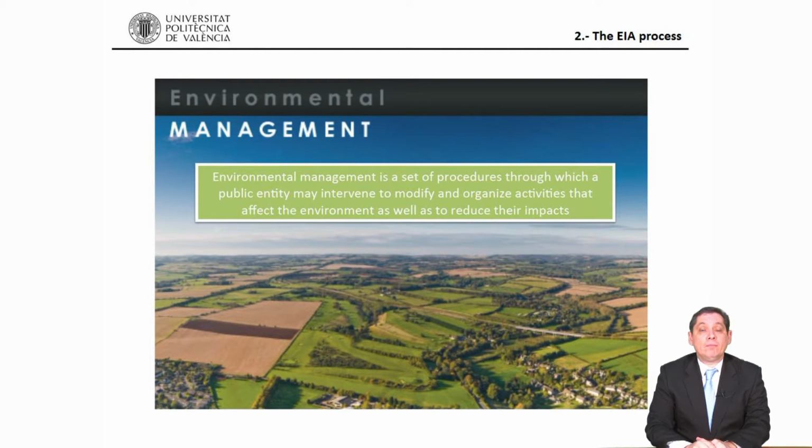The environmental management procedure is a set of procedures through which a public entity may intervene to modify and organize activities that affect the environment, as well as to reduce their impacts.